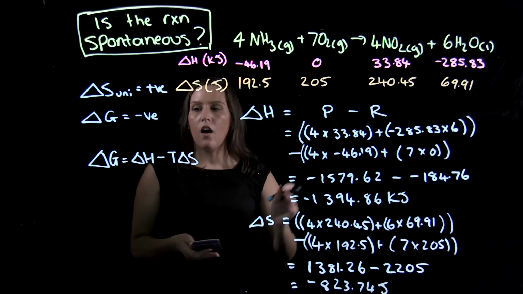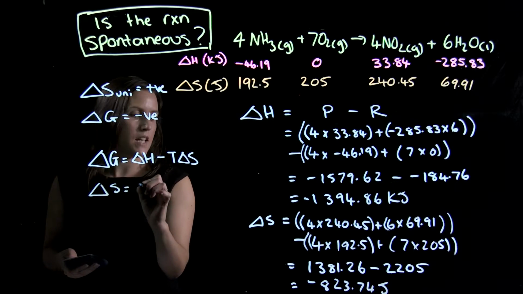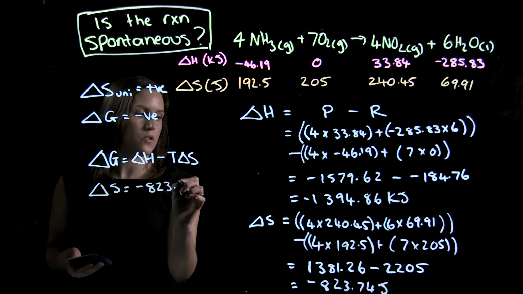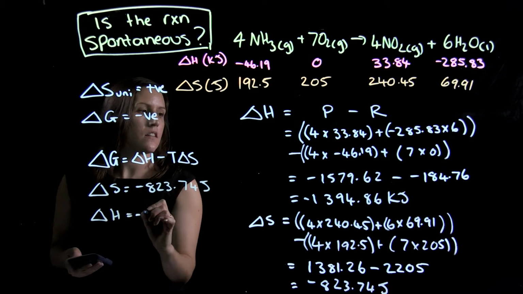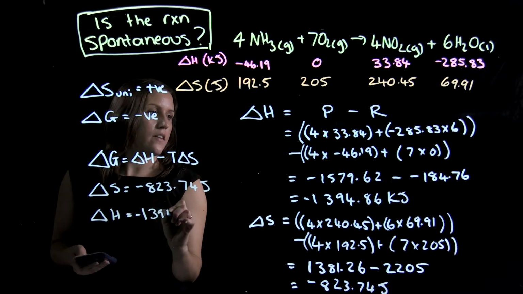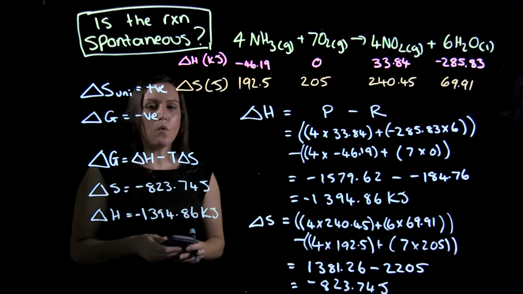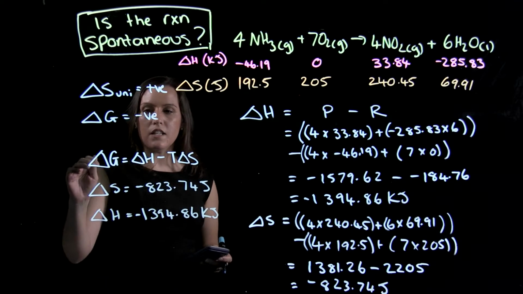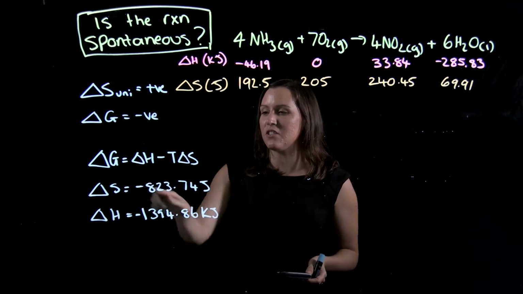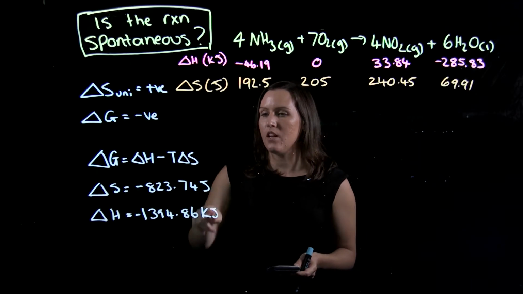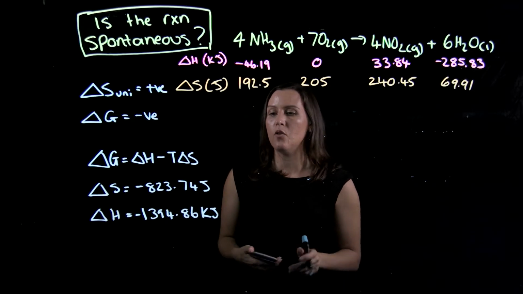Okay, so I'm going to write those values here. Delta S comes out at minus 823.74 joules, and delta H comes out at minus 1,394.86 kilojoules. Now what we're going to do is put these values into our delta G equation. So we've got our delta S, which is minus 823 joules, and our delta H, which is minus 1,394 kilojoules.